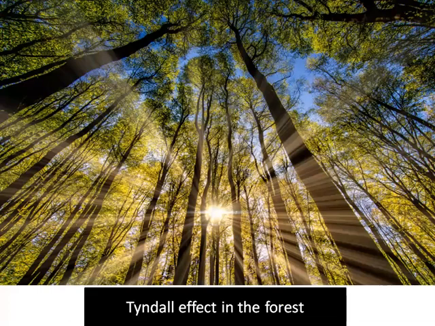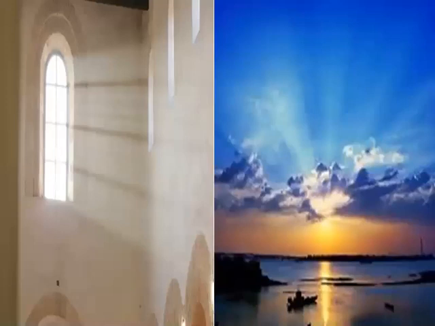This effect can be seen in the forest, where the water vapors present in the surroundings act as the colloidal particles to scatter the beam of light of the sun. It is also observed in a closed room where a small ventilator or a hole is present to allow the light to enter.